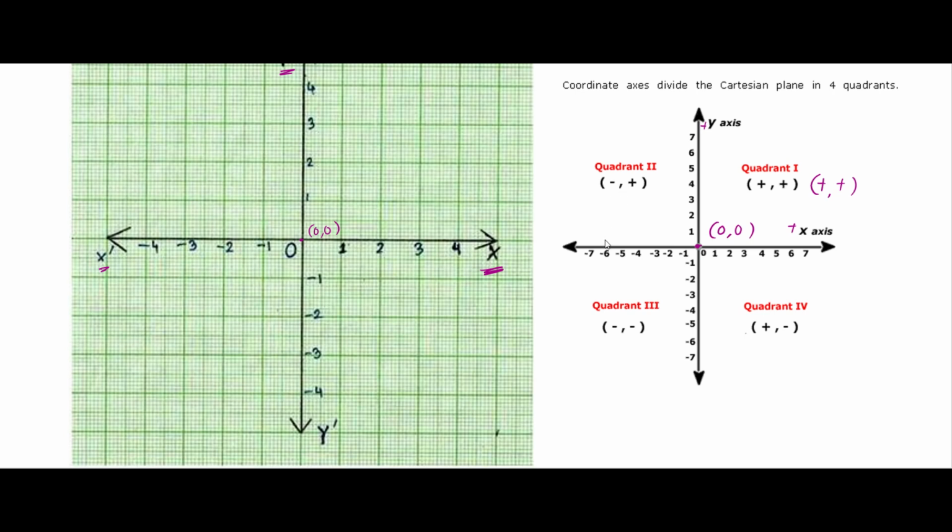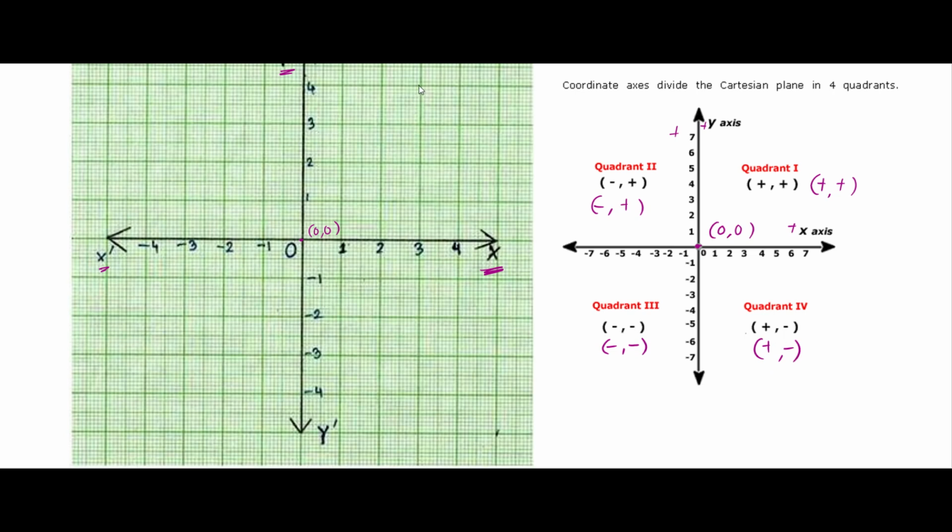In the second quadrant, the x coordinate is negative and the y coordinate is positive. In the third quadrant, the x coordinate is negative and the y coordinate is also negative. In the fourth quadrant, the x coordinate is positive and the y coordinate is negative.